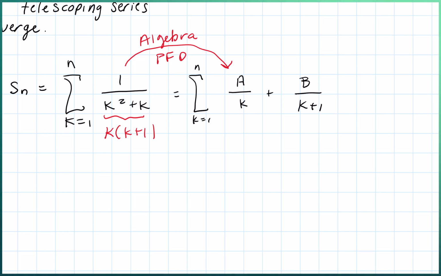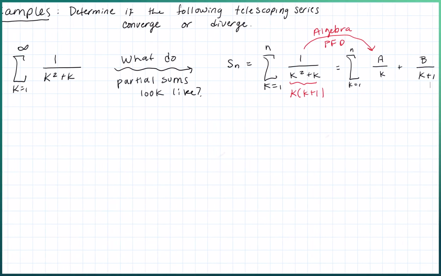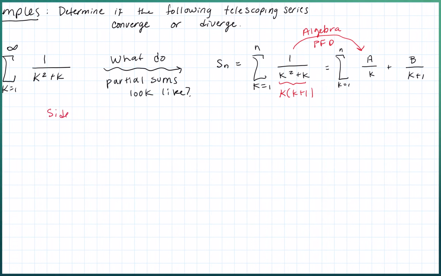And then let's just come off to the side and do our little side work to figure out what a and b are. Going back into some of our integration strategies and some algebra, I can see here that 1 over k squared plus k is equal to a over k plus b over k plus 1.